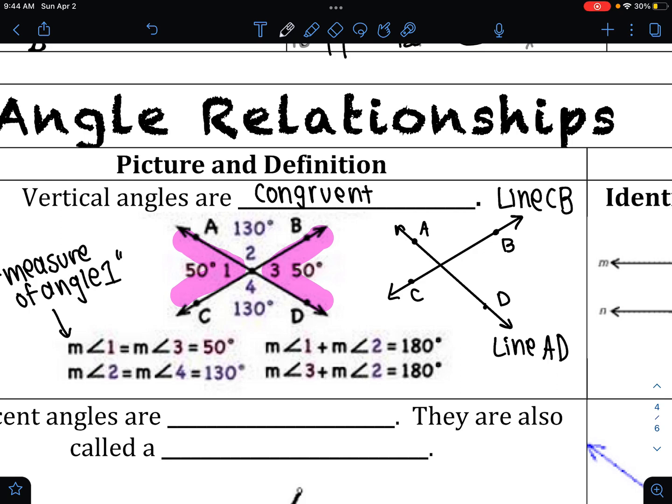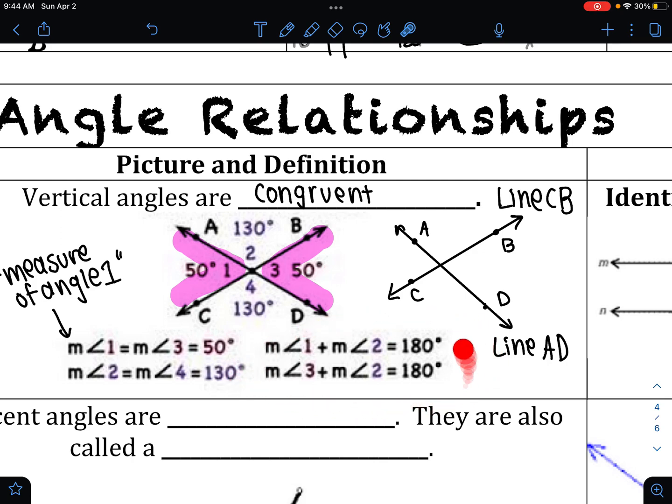So whenever you have 2 lines crossing each other, you'll see that the angles that are opposite from each other, so either 1 and 3, 2 and 4, those are going to be the same, congruent.